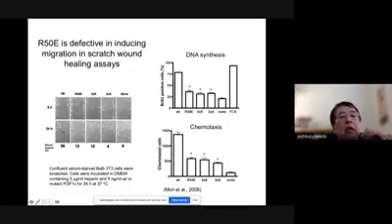Here, wild type FGF1 induced closure, 60% in 24 hours, but this mutant is very defective, like the control. And DNA synthesis is also defective. Okay, so it is defective in signaling.